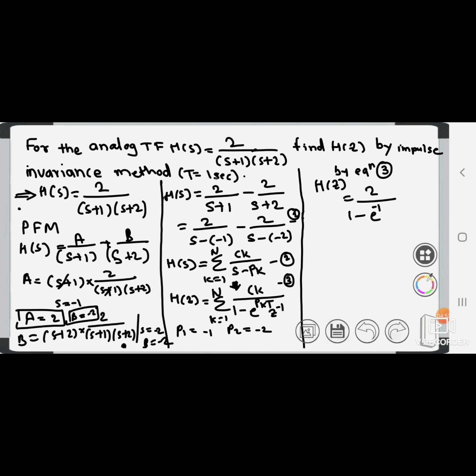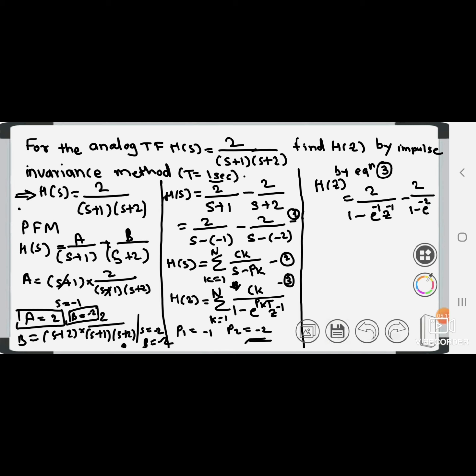T is already given, that is 1 second. So -1 into 1, -1 as it is, z^-1. Now for this second term, that is -2, the same: 1 minus e raised to p2, what is p2? P2 is nothing but -2.